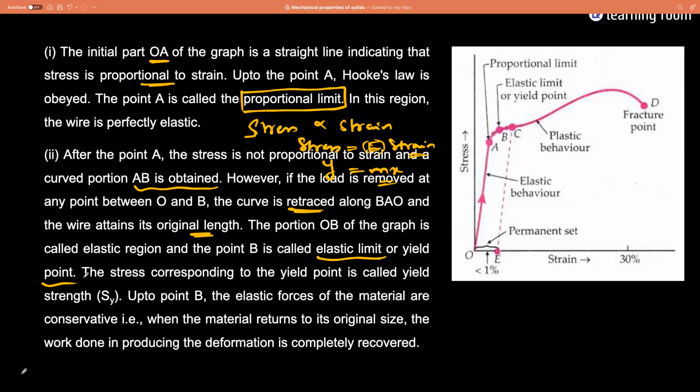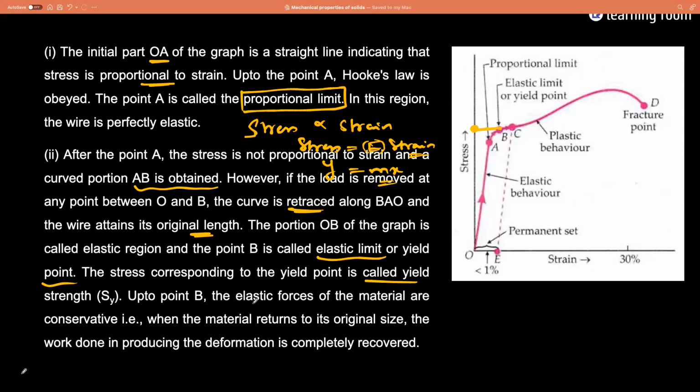Right? So the stress corresponding to the yield point. Stress is on the y-axis. The stress corresponding to the yield point, if I take this point, is called what? It is called the yield strength. Right?